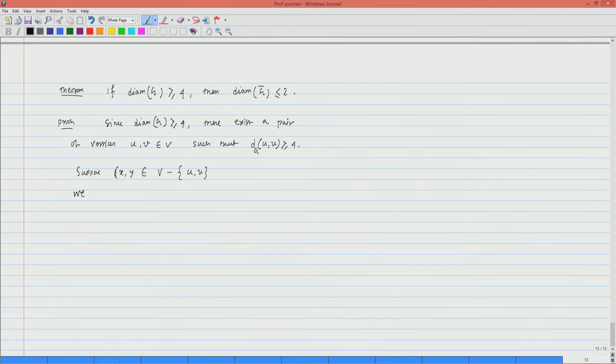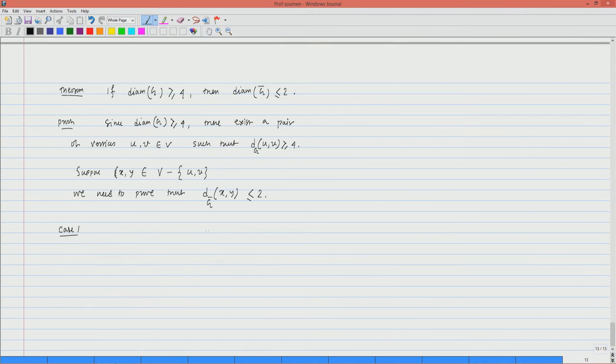We need to prove that the distance between any pair of vertices in G complement is less than or equal to 2. In order to prove that the diameter of G complement is less than or equal to 2. Okay. Now, we consider different cases. So, case 1.